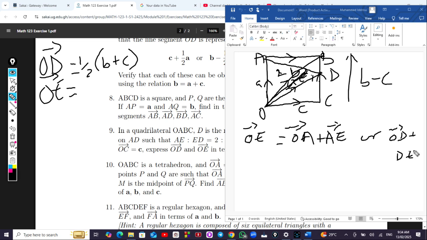This will give us the same thing. So I'm using the first one. We can equally use the second equation to arrive at the vector OE.